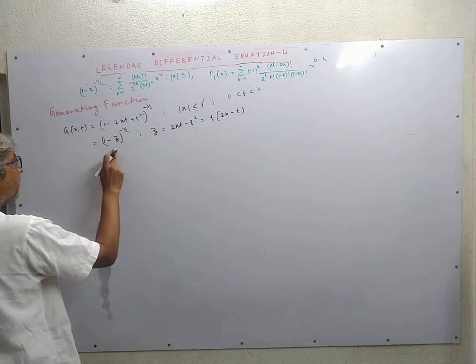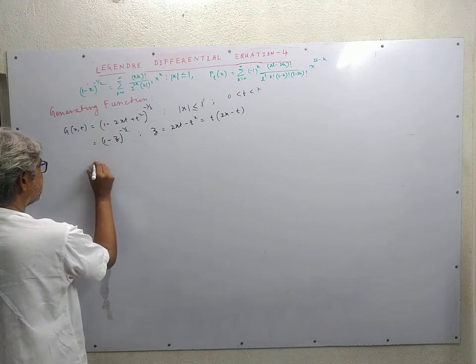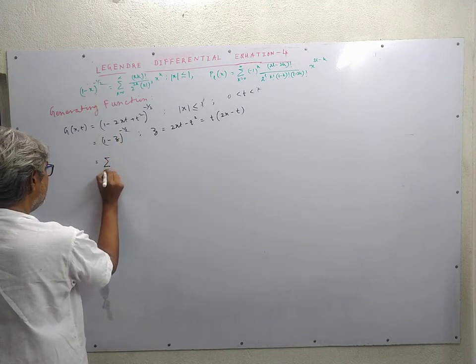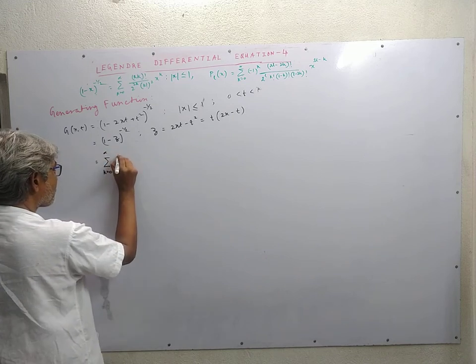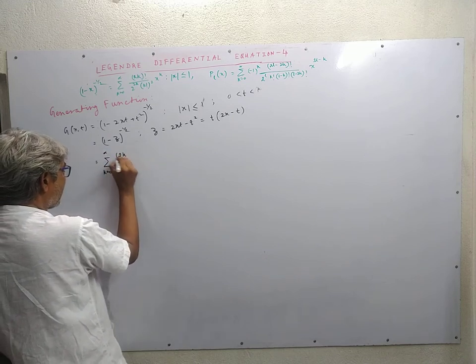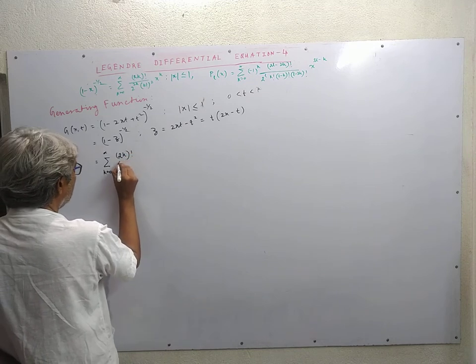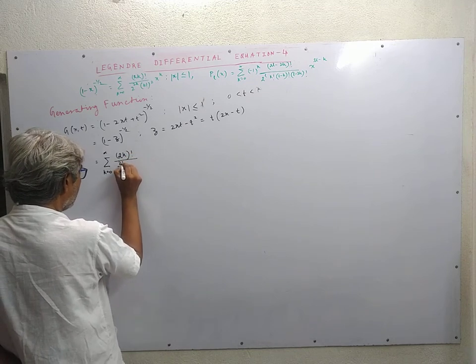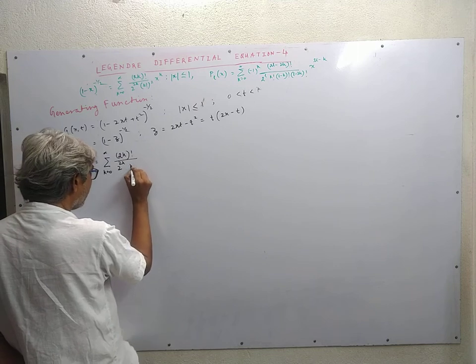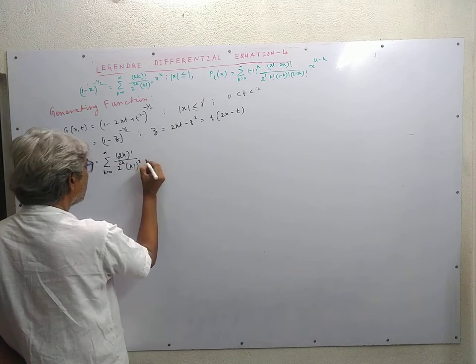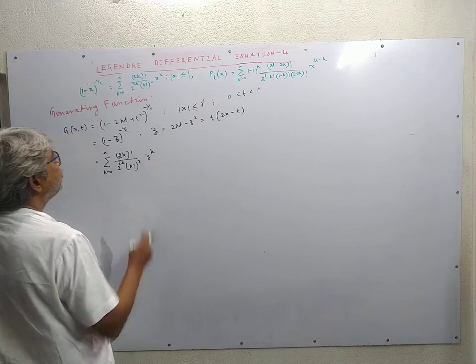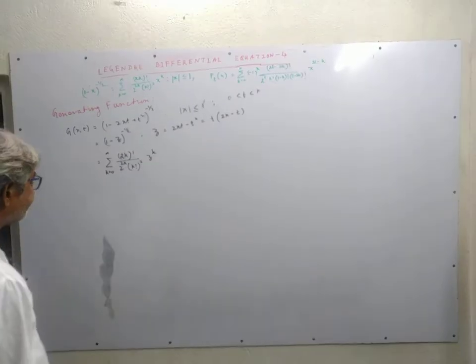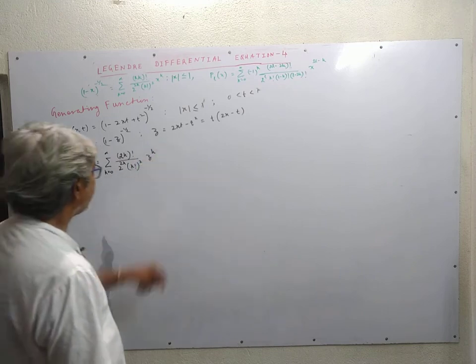If we expand this in binomial series, we write it as sum over k equal to 0 to infinity of (2k)! over 2 to the power 2k (k!) squared, and z to the power k. We use this expansion, and for z we write this.